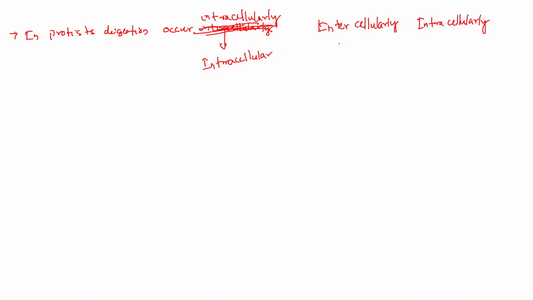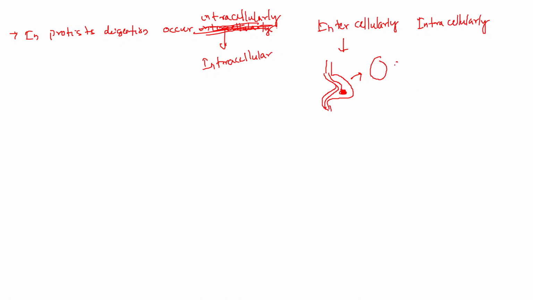What do you mean by intercellularly, or what do you mean by intracellularly? Intercellularly means it mainly occurs in multicellular organisms, like our stomach. Our stomach is a J-shaped stomach. In our stomach, when food comes, different enzymes come and digestion occurs. But our stomach also consists of multiple cells.